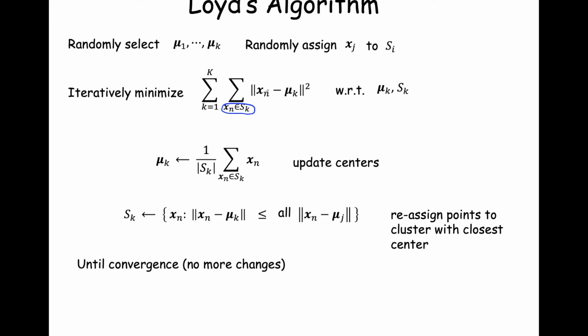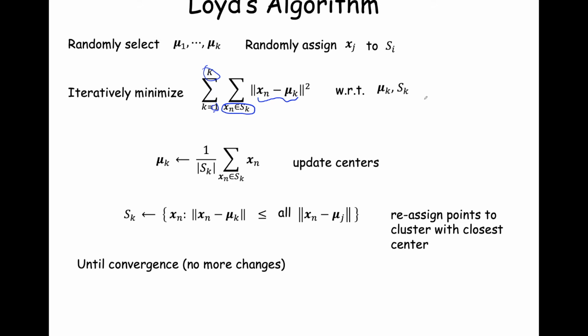We take the square of the Euclidean distance, and we sum all of those differences between each data point in the kth cluster and the cluster center, mu sub k. And we do that for the first cluster, the second cluster, up to and including the kth cluster.